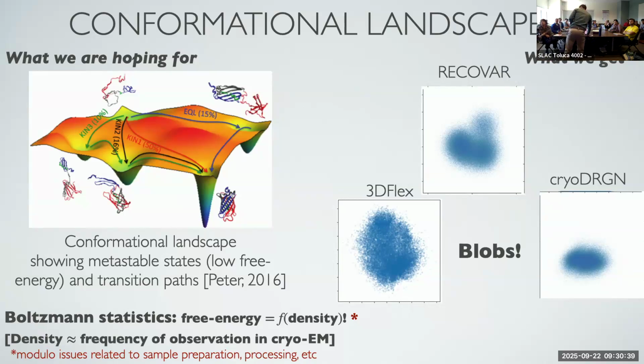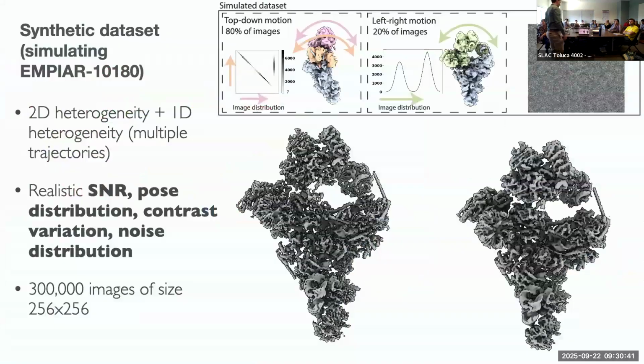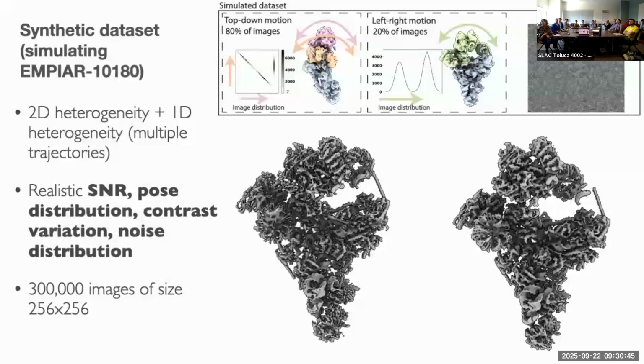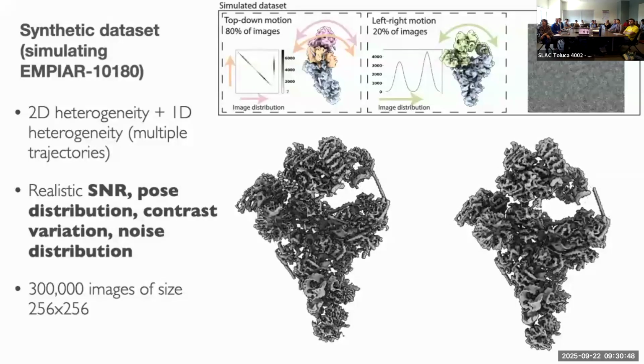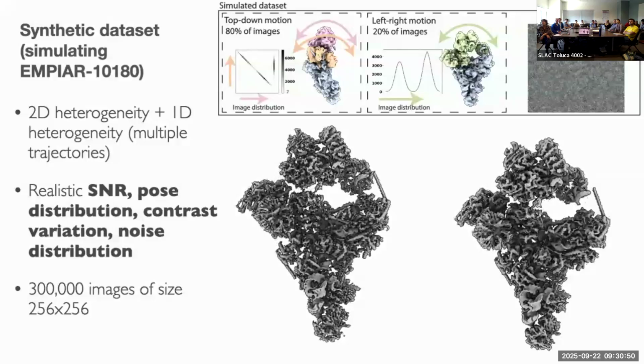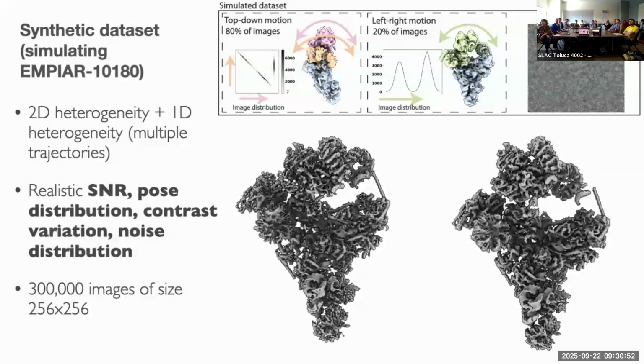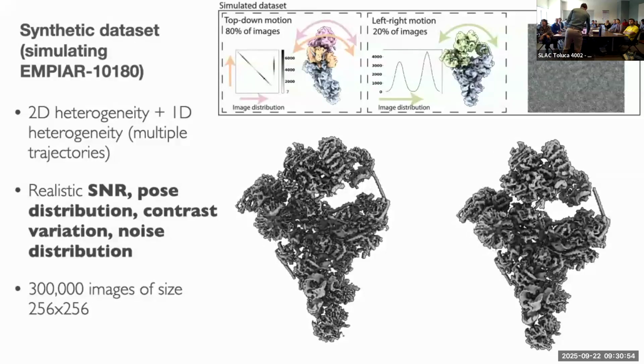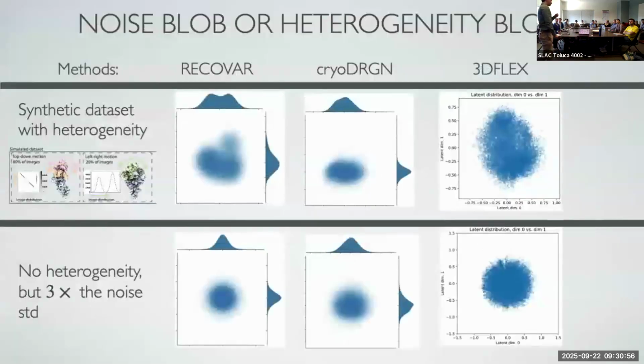And to try to explain it, I'm going to show you some results on this synthetic data set. It's a synthetic data set that I made so that I know what the metastable states are, and it's also in realistic conditions like SNR and so on. Here I'm showing you the embeddings that have been produced by three different methods: RECOVER, and then CryoDRGN and 3D Flex, which are two deep learning methods, on two different data sets.